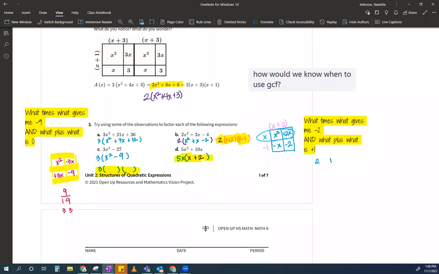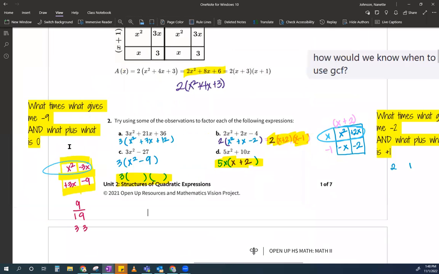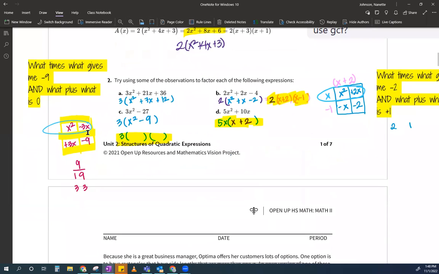Okay. So let's multiply out really quick just to make sure that we're all on the same page. What's the biggest thing you can take out of x squared and -3x? What do you guys say? Yeah, x. And then you'd say, okay, well, x times what gives me x squared? Good.